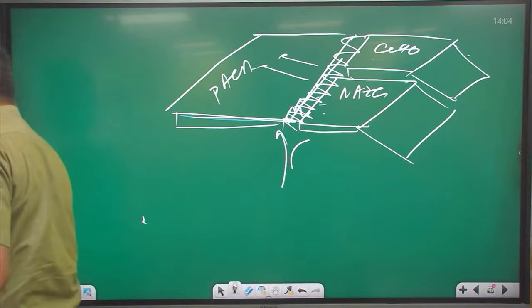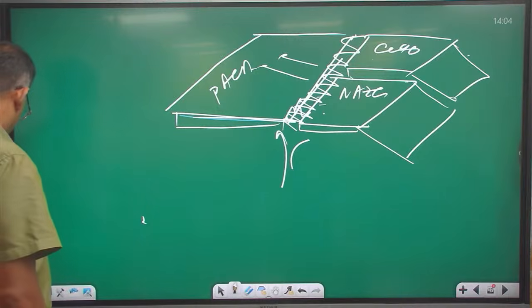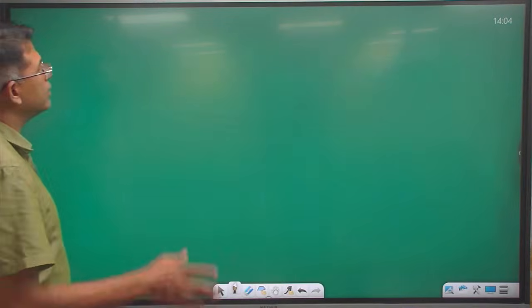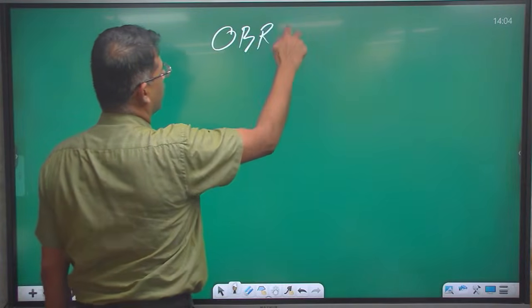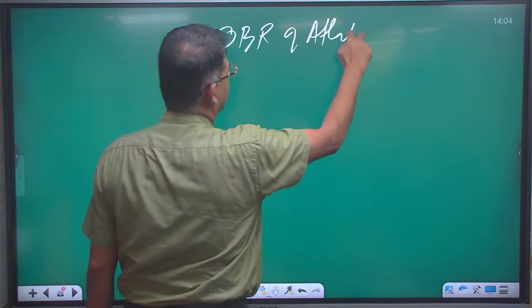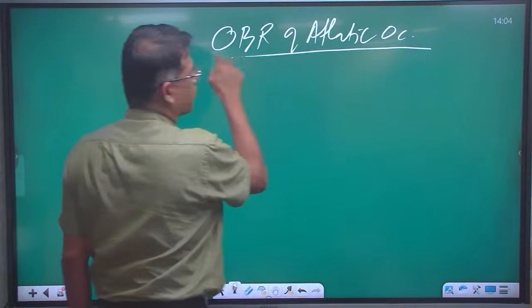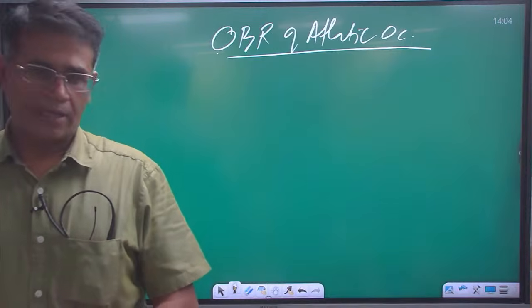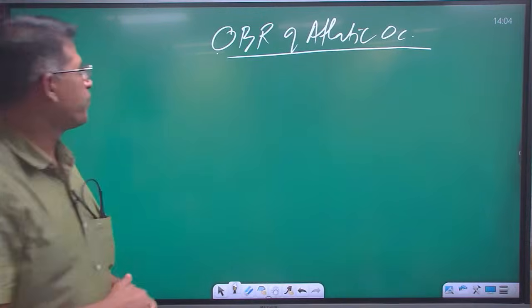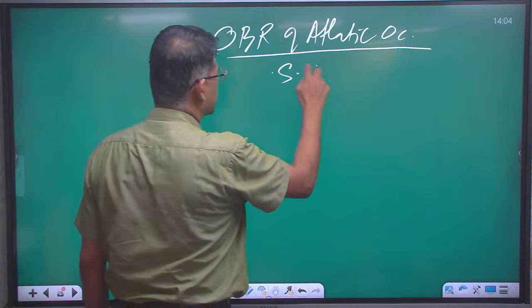So we'll quickly look up some facts of the Atlantic Ocean. S-shaped ocean.